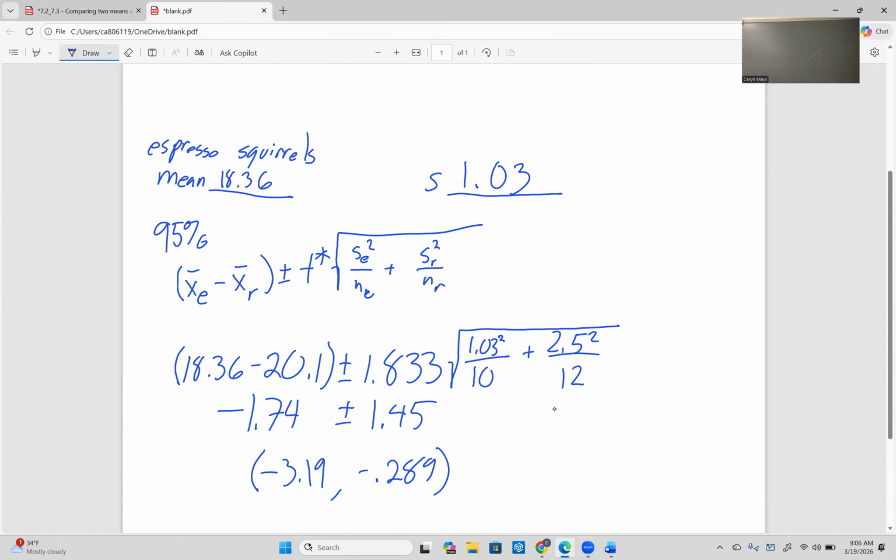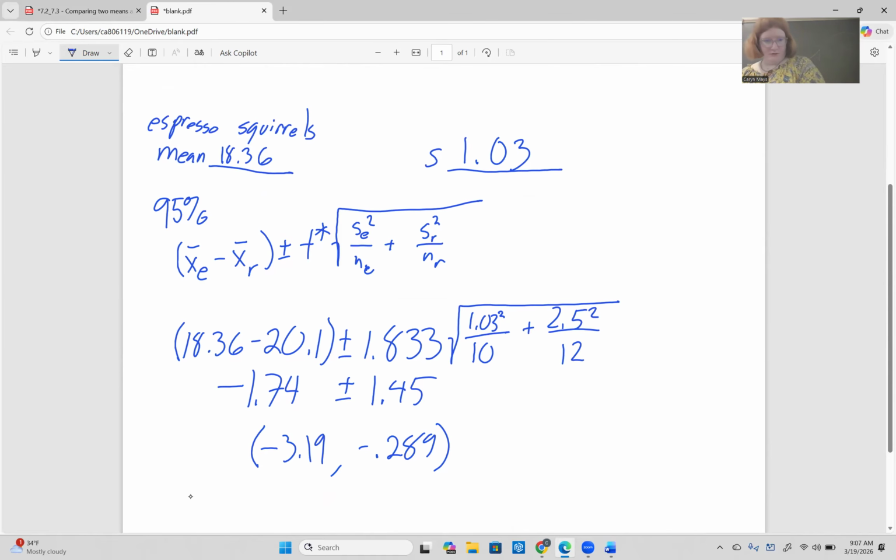We want a faster time. Faster would mean a smaller number, so we have a smaller number minus a bigger number giving us these negatives. So the espresso squirrels are running faster, somewhere between negative 3.19 seconds and negative 0.289 seconds.